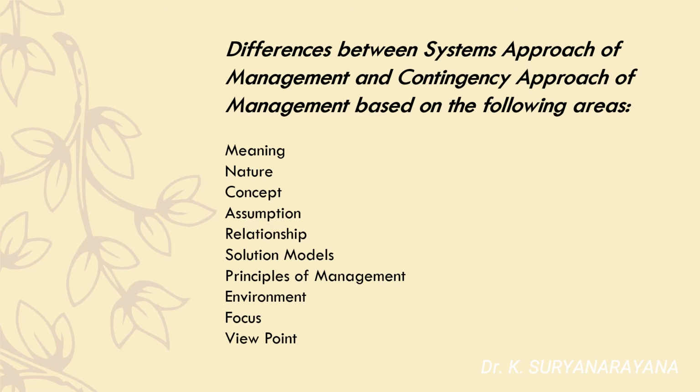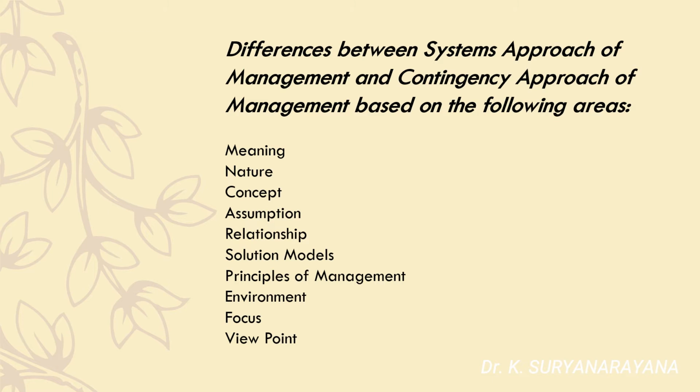In systems theory approach, it does not explain clearly the relationship between organization and environment, whereas in contingency approach, it clearly explains the relationship between organization and environment. Coming to the solution models, systems theory approach provides theoretical solution models to the organization, whereas contingency approach provides practical solution models to the organization.